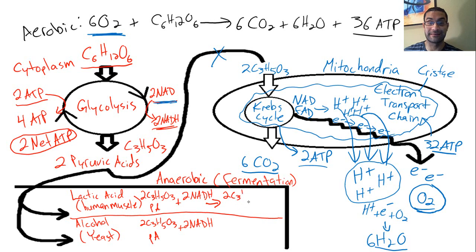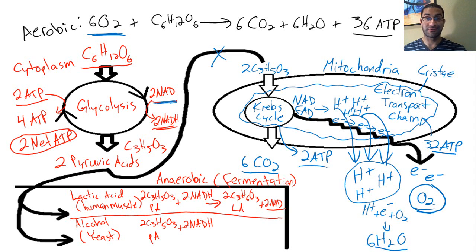So it basically is exactly half of a glucose, C3H6O3. So you end up with 2 lactic acids here. And in doing that, you've freed up your bus. So you have 2 NADs ready to go back into glycolysis and at least let that process happen so you can at least continue to make 2 ATP molecules until you get that oxygen again.